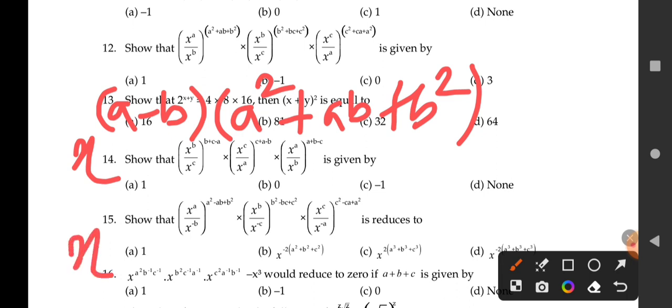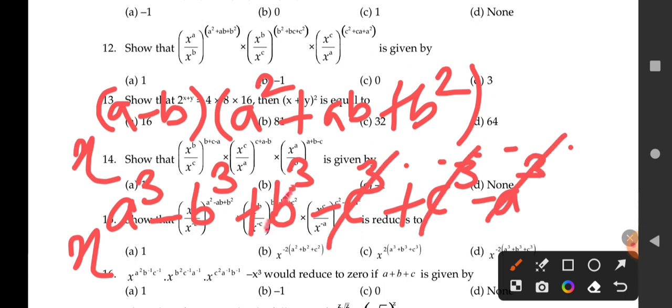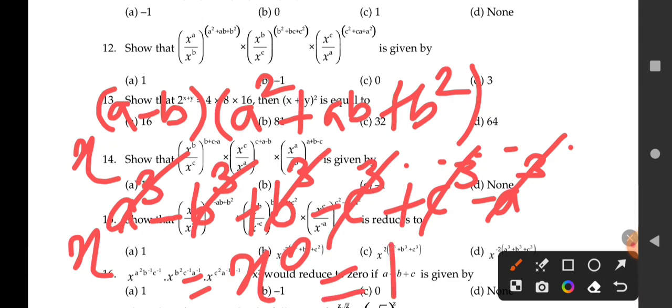I'm not going to write the other terms, I'm going to directly expand it. What do we have? X power a cube minus b cube plus b cube minus c cube plus c cube minus a cube. All the terms get cancelled. We have x power 0 equals 1. Option number A.